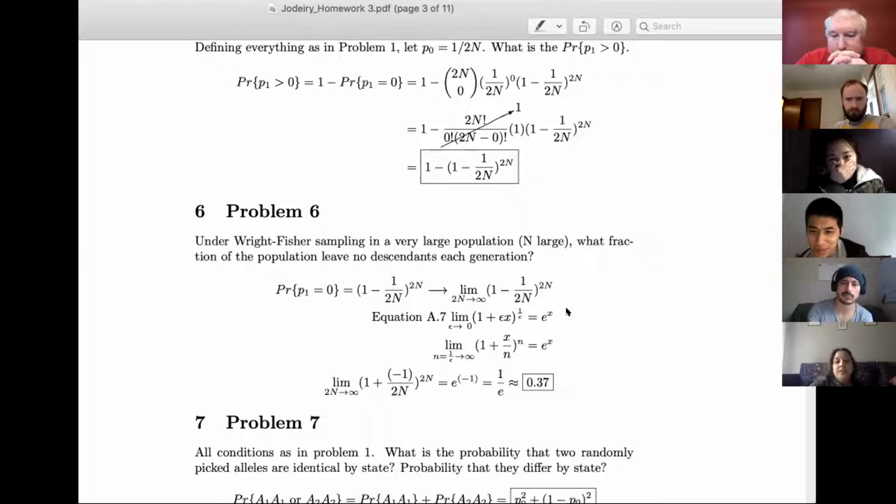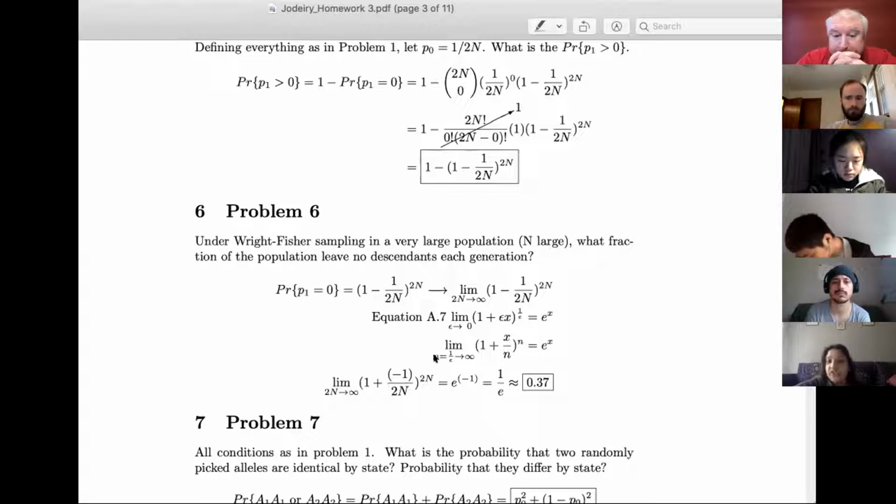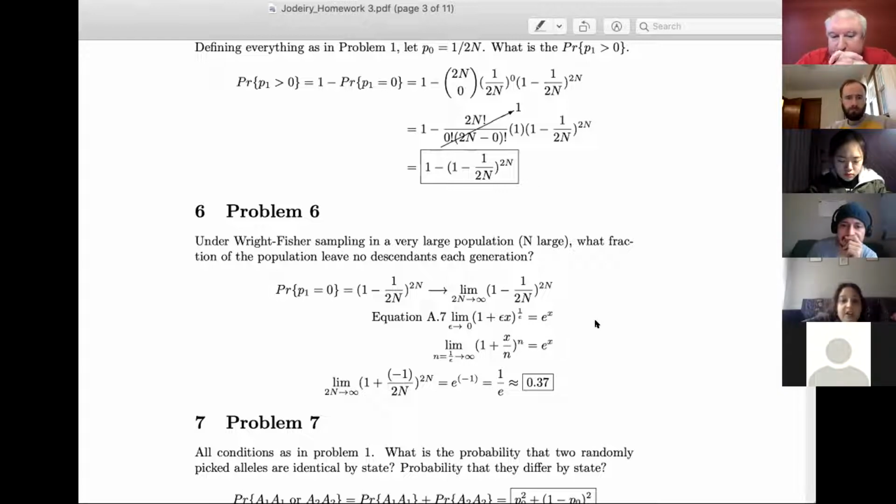And so rather than having epsilon go to 0, what we want is a constant going to infinity. So if you set n to be 1 over epsilon, then you can take the limit as n goes to infinity of (1 plus x over n) to the n, which is e to the x. That was just swapping n for 1 over epsilon so that I could have the limit be to infinity instead of to 0.